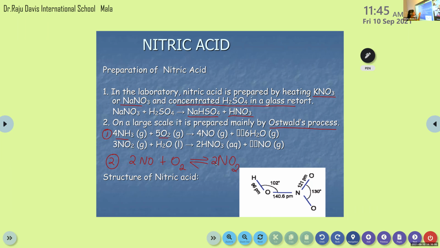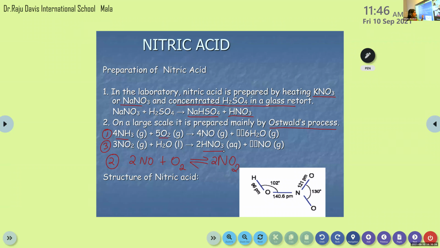Ammonia will react with oxygen to form nitric oxide. Then nitric oxide again oxidizes to form nitrogen dioxide. Then the third step, nitrogen dioxide reacts with water molecule to form nitric acid. Clear? Then here you can see in the third step, a small amount of nitric oxide, NO, is again produced along with HNO3.